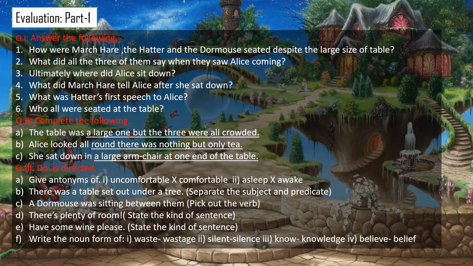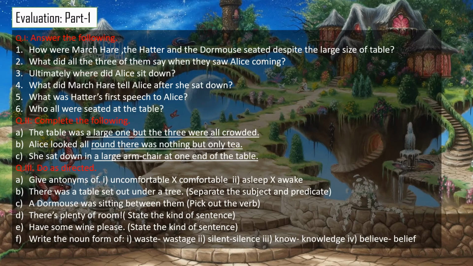Second, what did all three of them say when they saw Alice coming? Answer: When the Dormouse, the Hatter, and the March Hare saw Alice coming, they shouted that there was no room, meaning no place on the table for anyone to sit.